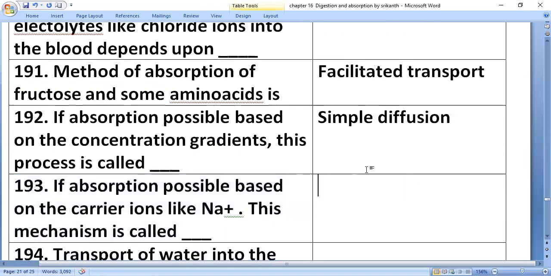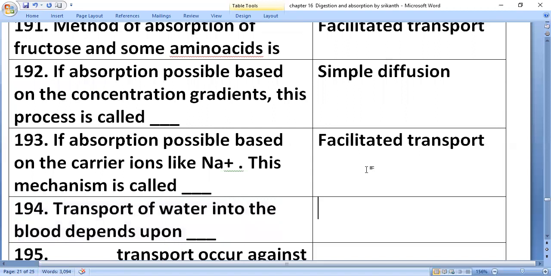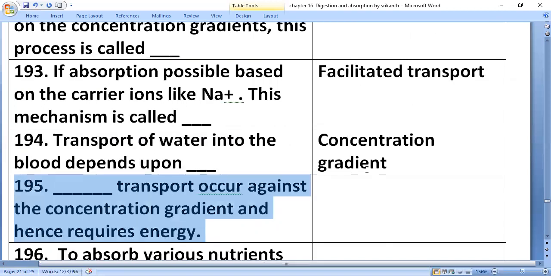If absorption is possible based on carrier ions like sodium, this mechanism is called facilitated transport. Transport of water into the blood depends upon concentration gradient. The transport that occurs against the concentration gradient, hence requires energy: active transport.